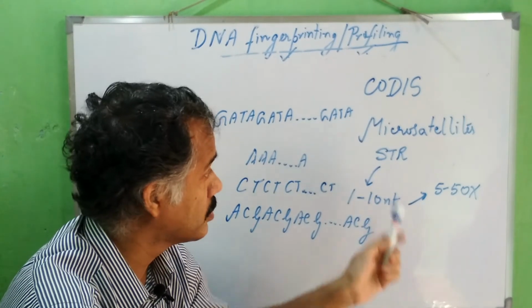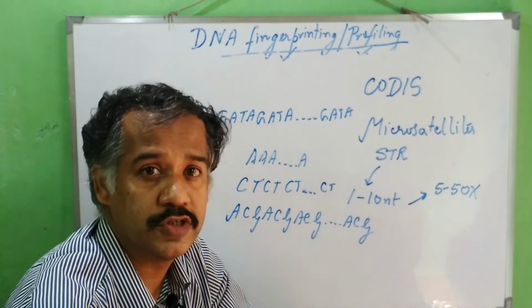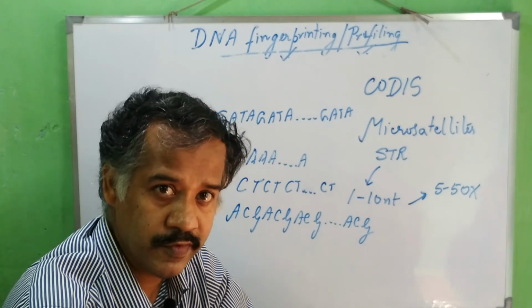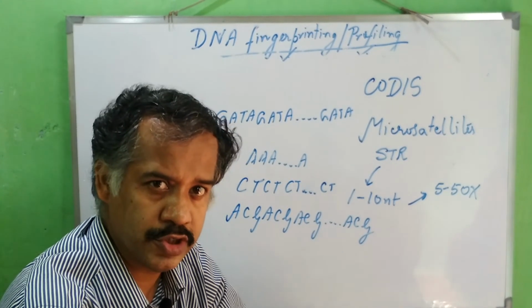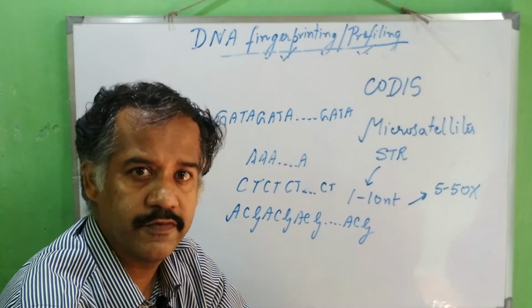I'll explain in a minute. And importantly, they are spread all over the genome. There are thousands and thousands of microsatellites present all over the genome, not restricted like minisatellites to centromeric or subtelomeric positions, and they could be used for this kind of analysis.